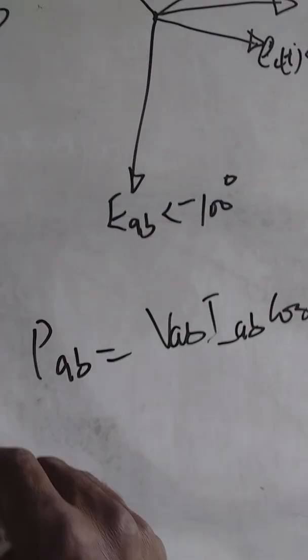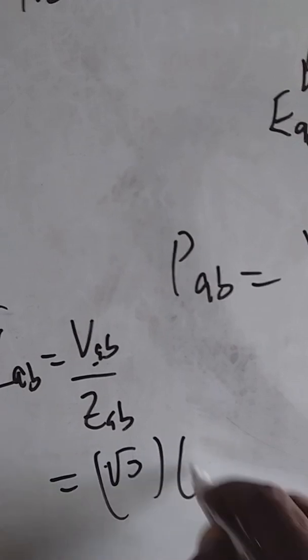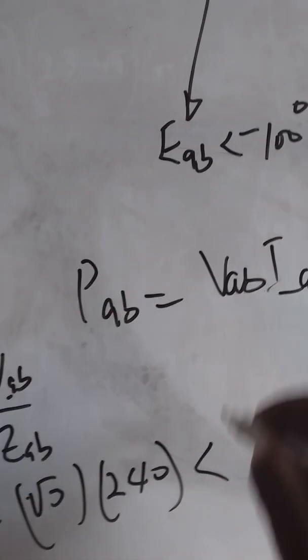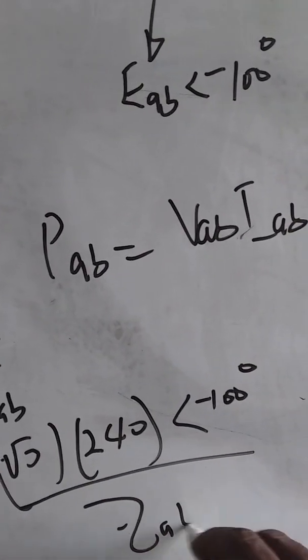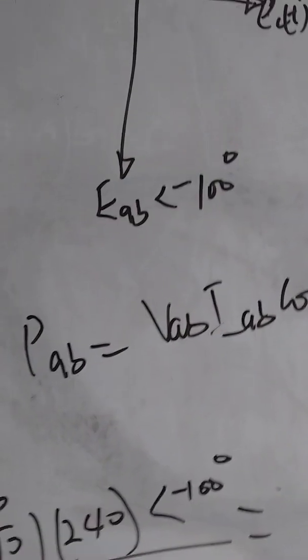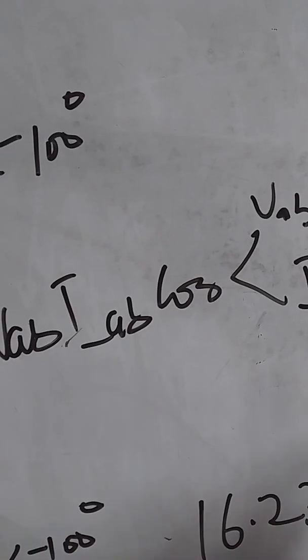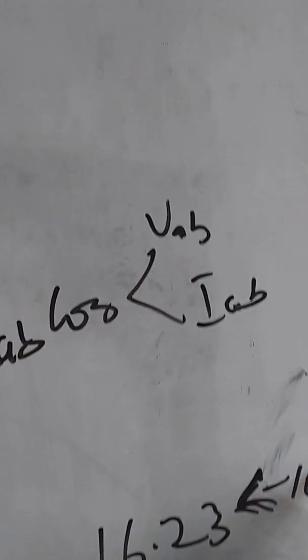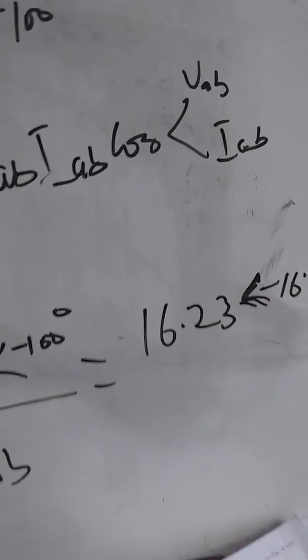So that means VAB is a line voltage, so we have to multiply the phase voltage by root 3, at angle minus 100 degrees, divided by the ZAB that is given. That will give us our IAB, which is calculated to be 16.23 at angle minus 16.34 degrees amps. That's our IAB.